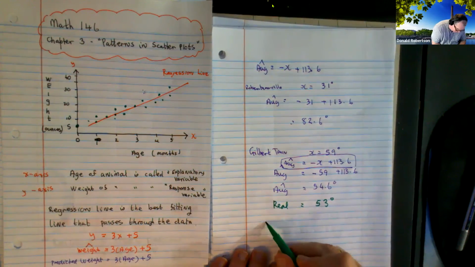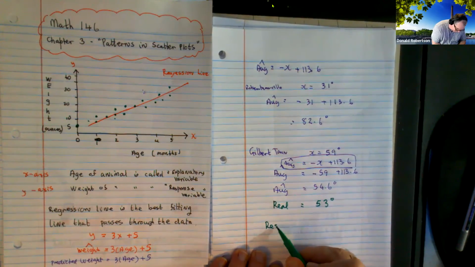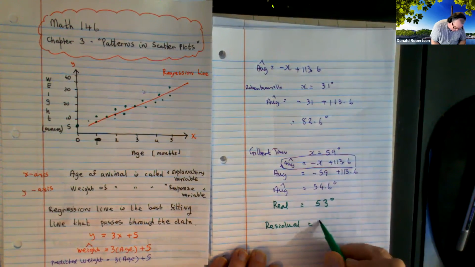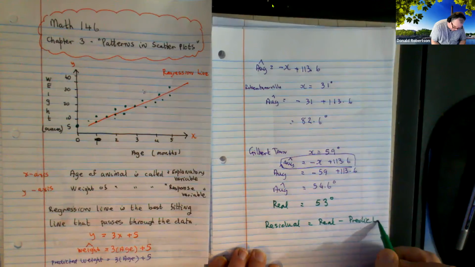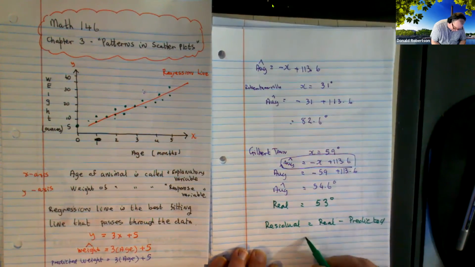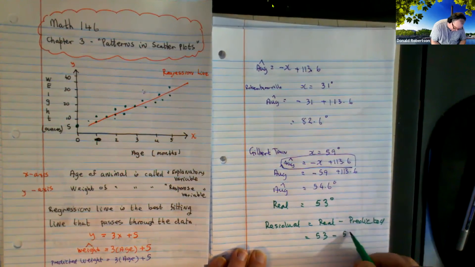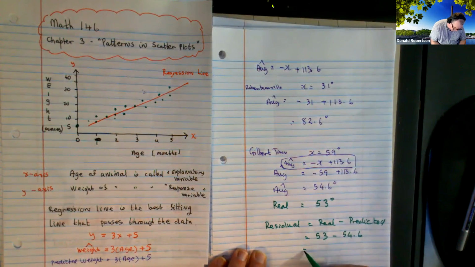And we can now calculate the residual. It's the real answer, take away the predicted one. The real answer was 53, and the predicted answer was that. So it's negative 1.6 degrees.